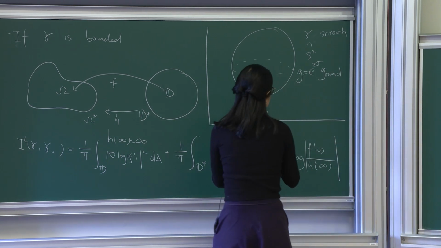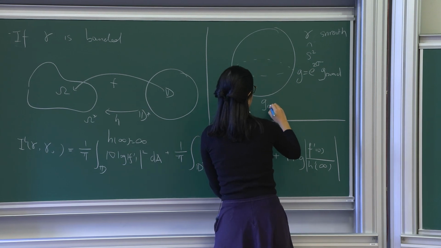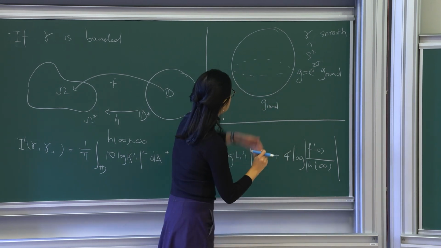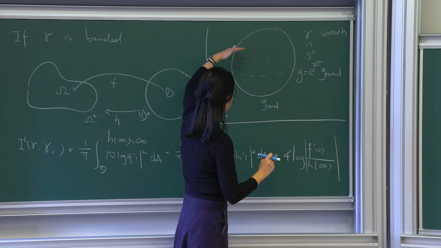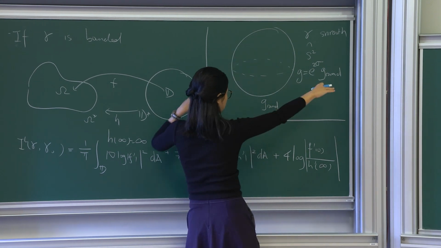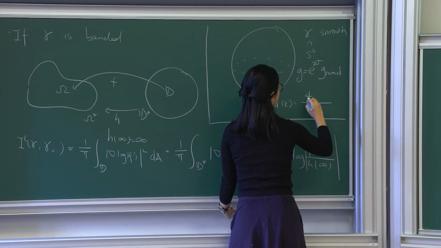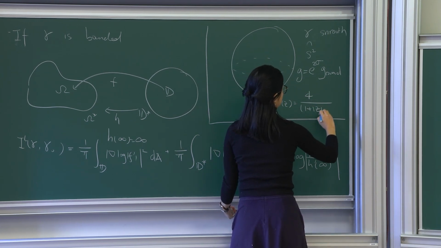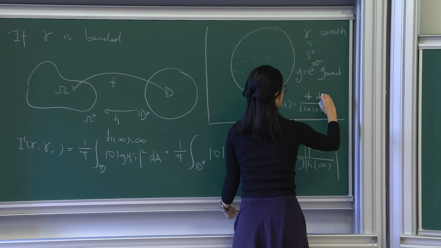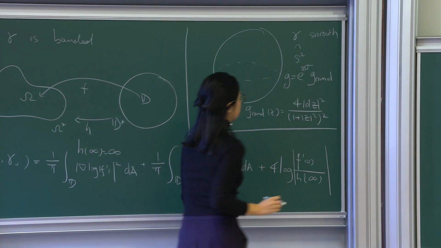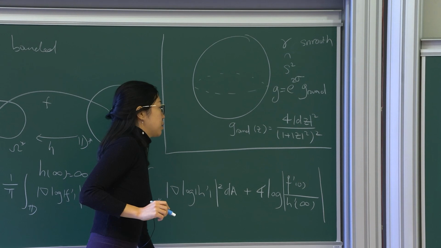So what is the round metric? So g round. You can think of it as, if I do the stereographic projection mapping the sphere into the complex plane, this will be just 4 over (1 plus |z| squared) squared times the Euclidean metric.